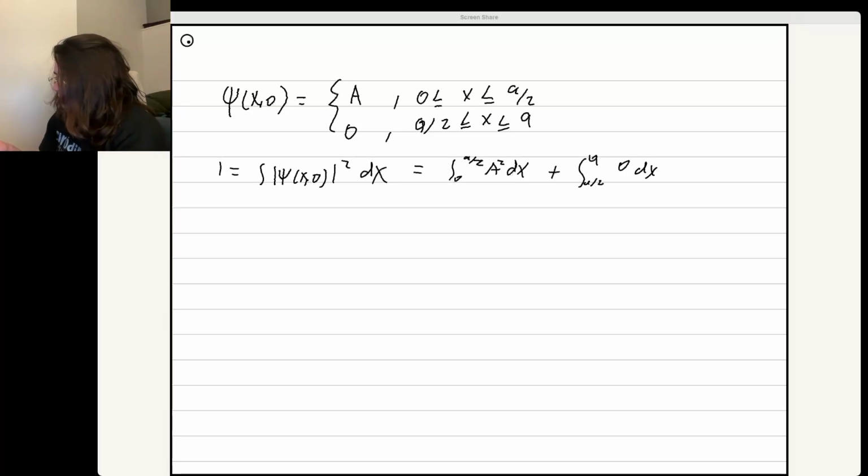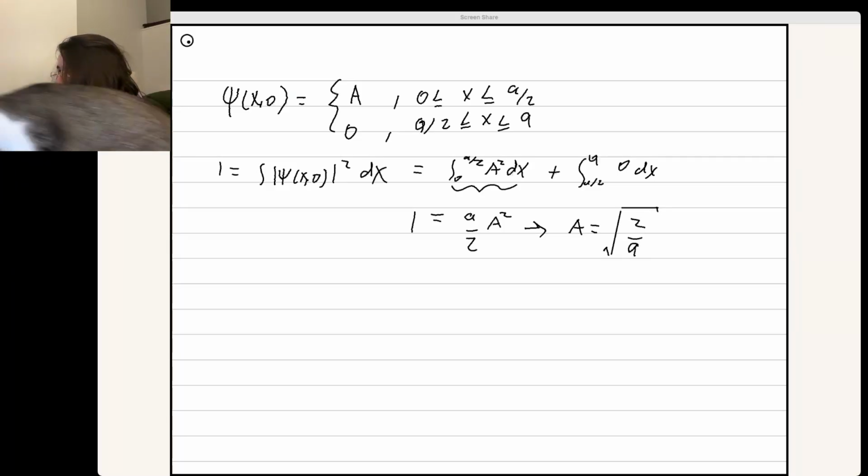And so just this integral will evaluate to a over 2. That's pretty easy. And we have an a squared on there. We have to set it equal to 1, so that's going to tell us that a is equal to square root 2 over a. Easy enough.